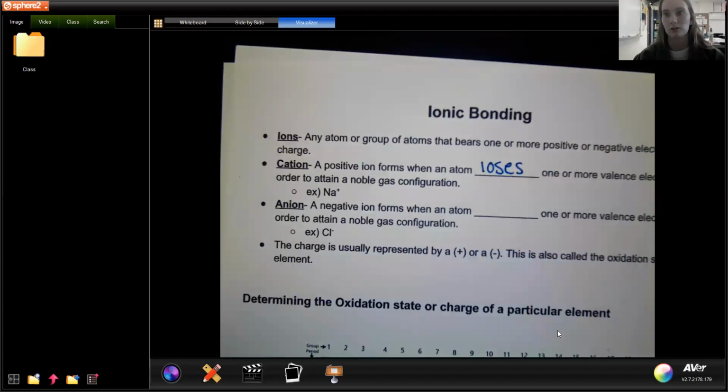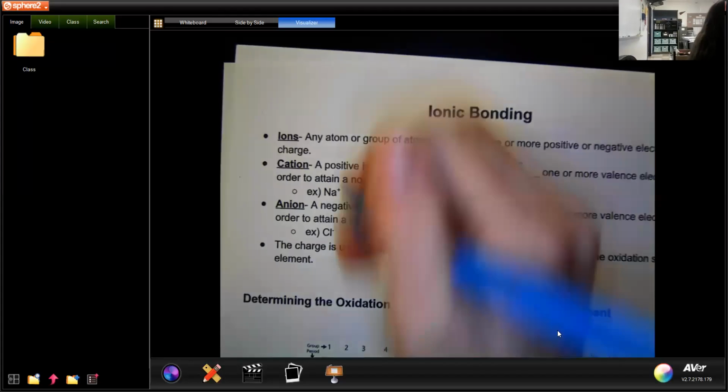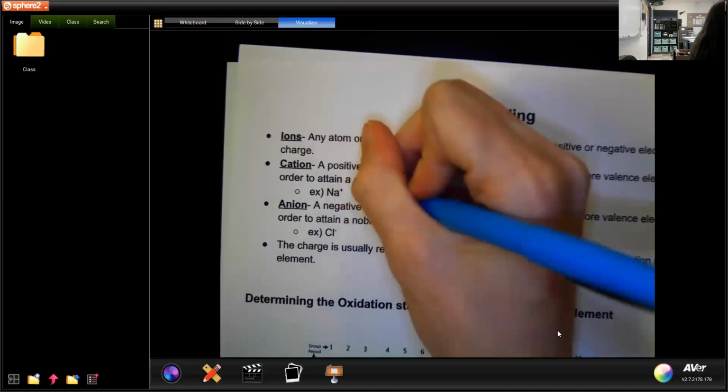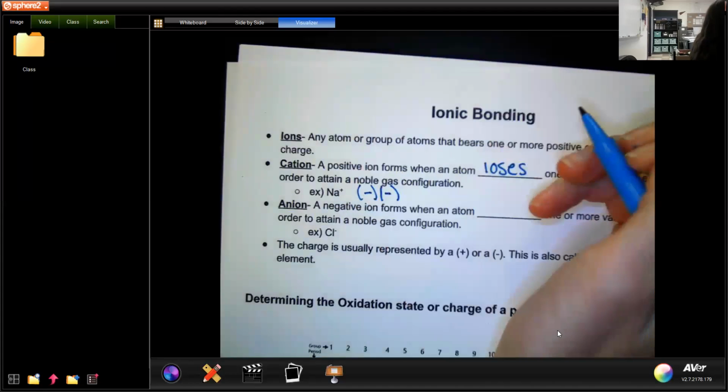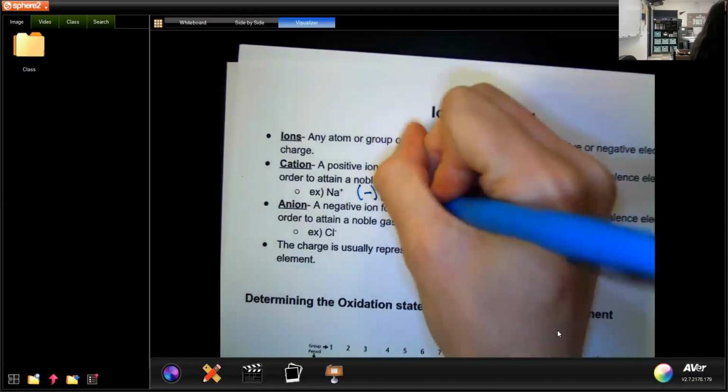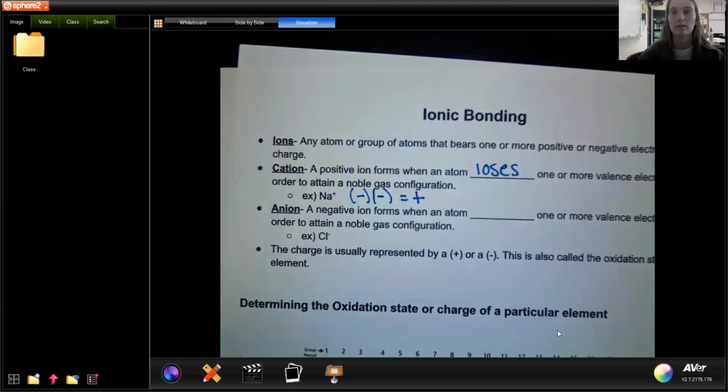So you have 8 electrons in that valence shell. Now with sodium, the way that it's going to attempt to do that is it's going to lose an electron. So when we are losing an electron, so minus of a minus, you're going to get a plus charge. So that's why sodium would have a plus charge.